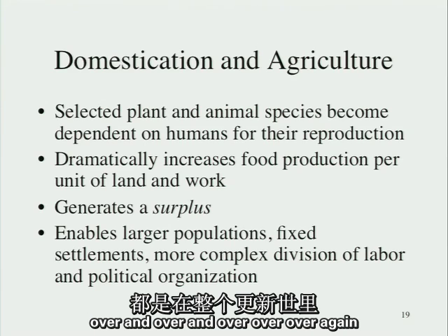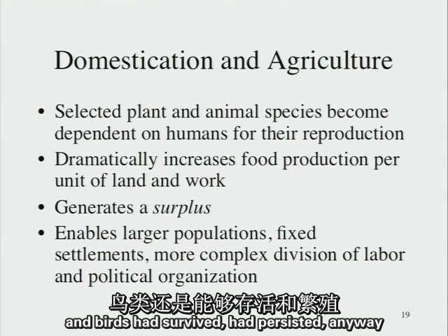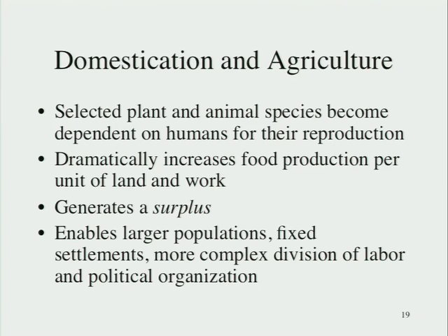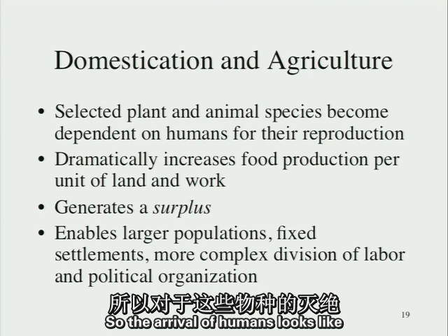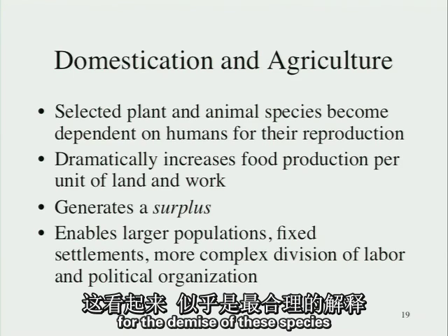All those things had happened over and over again throughout the Pleistocene. And somehow those large mammals and birds had survived, had persisted anyway. So the arrival of humans looks like the most plausible explanation for the demise of these species.